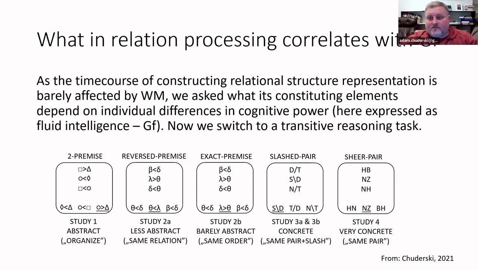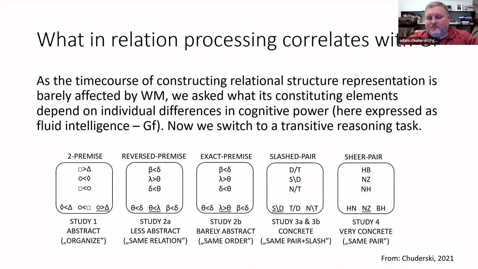And simplifying the task was accompanied by simplifying the instruction people received. So in the reverse premise variant, the people had only to notice that one response describes the same relation as one of the premises, but in the reversed notation. We used different symbols to check whether the content matters.